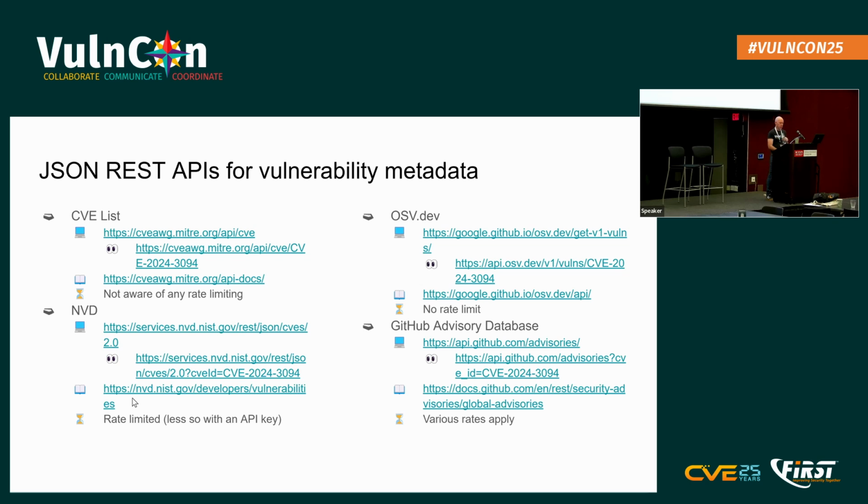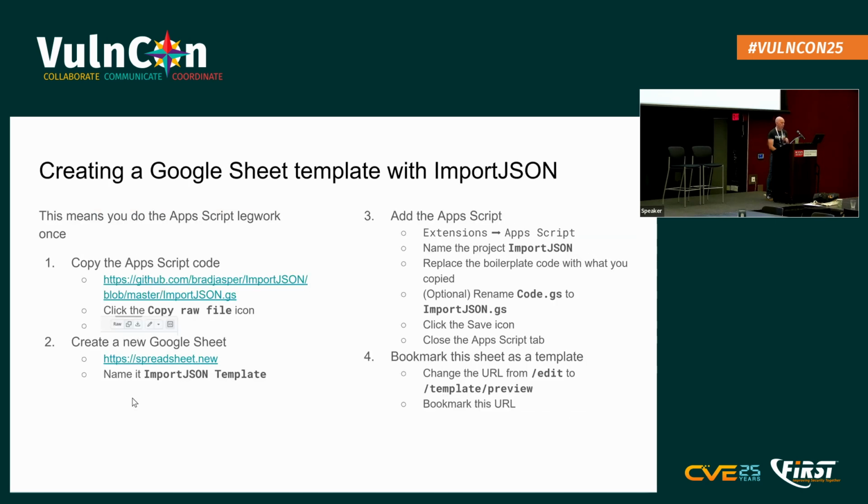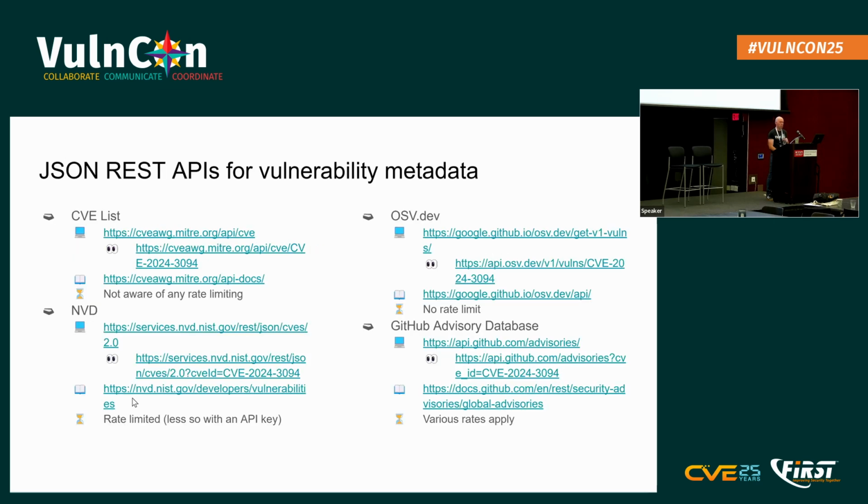From the looks of it, using the import JSON advanced function, it will support doing that. I ran out of time to actually prove that, so that is still a theoretical exercise for the reader. But I'll come back and talk about how you deal with running into the NVD's rate limit anyway.